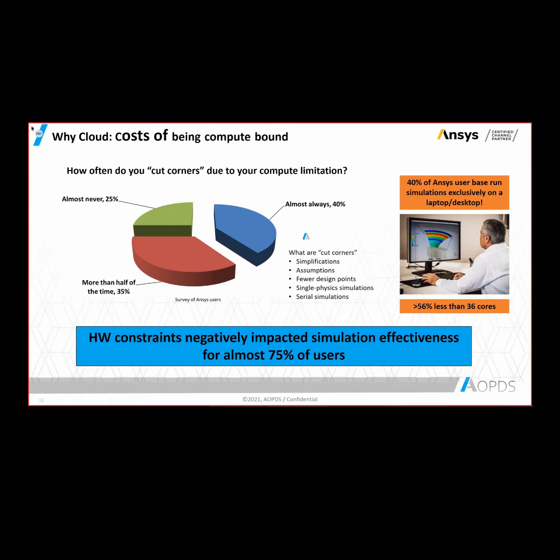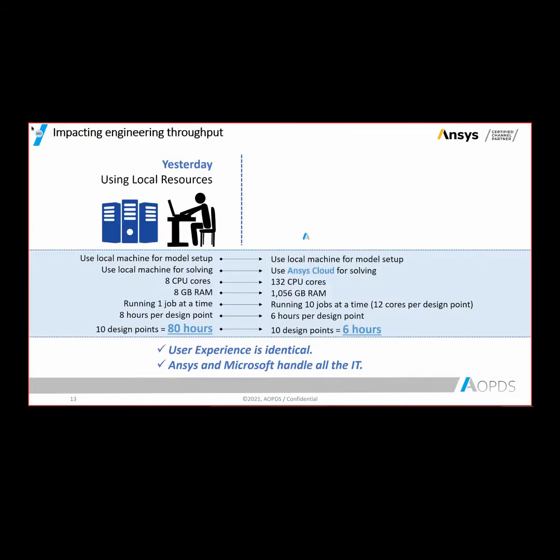So Ansys Cloud will make sure that it is a seamless platform, uniform, and secure and fast. And it's pretty effective based on the survey that we've done with our customers.